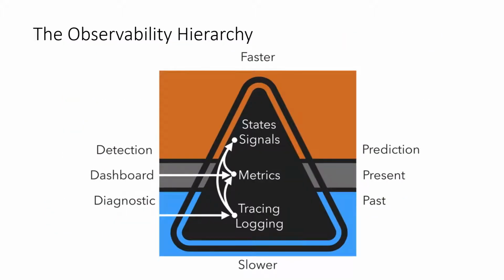Okay, so this is the hierarchy for observability. If you want data from the past, that is basically tracing and logging, which you can diagnose. And if you want data from the present, then you have metrics available on a dashboard.